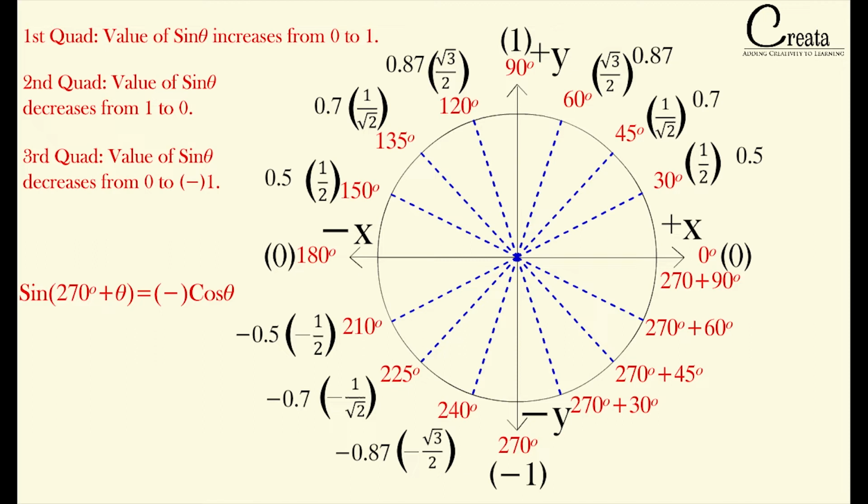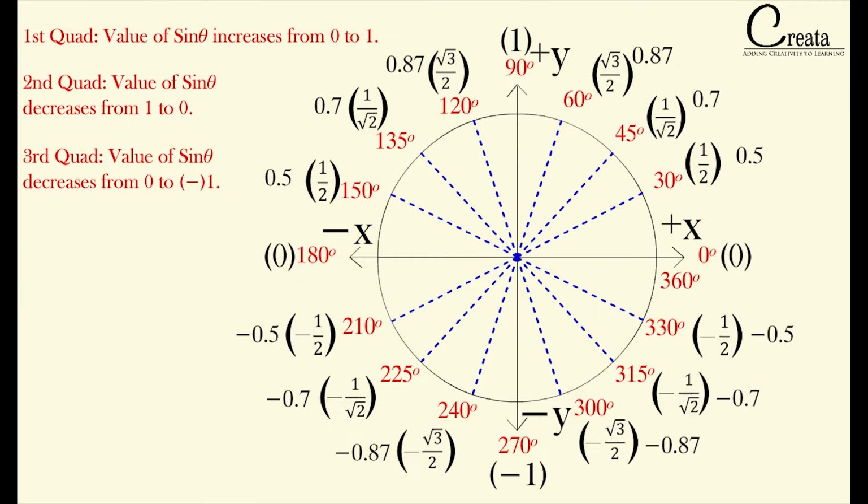Okay. The values of sine for these angles will be minus root 3 by 2, minus 1 by root 2, minus 1 by 2 and 0. So you have observed correctly that its value is increasing from minus 1 to 0. So we can say that in the fourth quadrant, sine increases from minus 1 to 0.